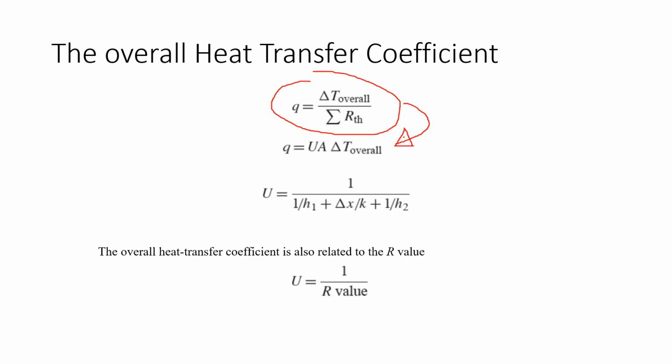Now हमने इसमें changes क्या की हैं? हमने 1 over summation R thermal को replace किया है by this product, which is overall heat transfer coefficient into area exposed to convection. If you want to have equation for overall heat transfer coefficient given by U, तो उसके लिए हमारे पास equation इस form में है.